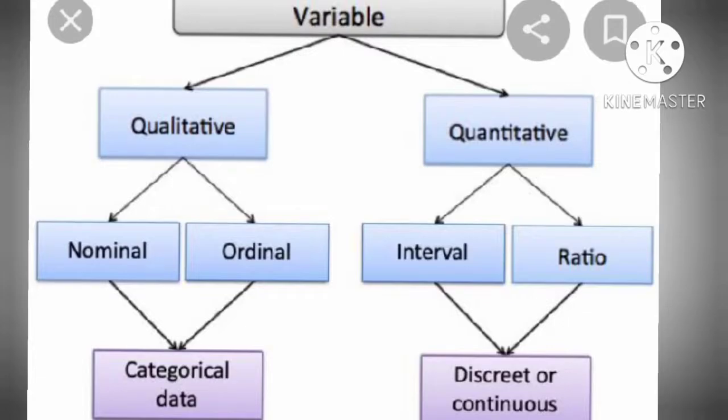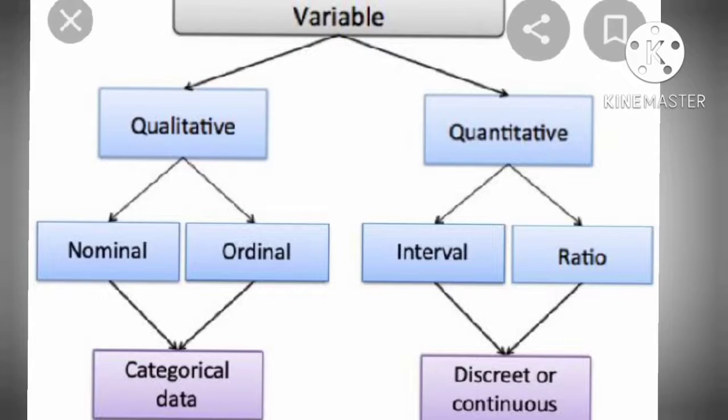So this is the breakdown of the variables. So you can see earlier, I said earlier that we have the qualitative, the quantitative, the nominal. The qualitative is under nominal and ordinal scale, while quantitative is under interval and ratio scale.